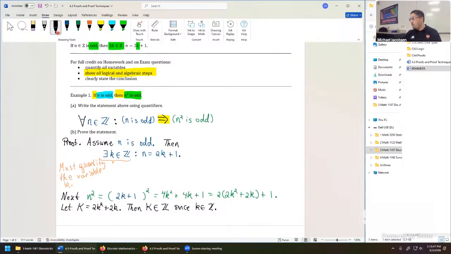I'll say it this way. Then n squared is equal to 2 times K that we just produced plus 1, which means n squared is odd, as required.